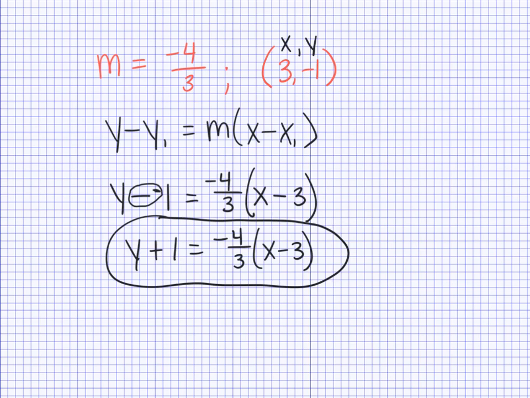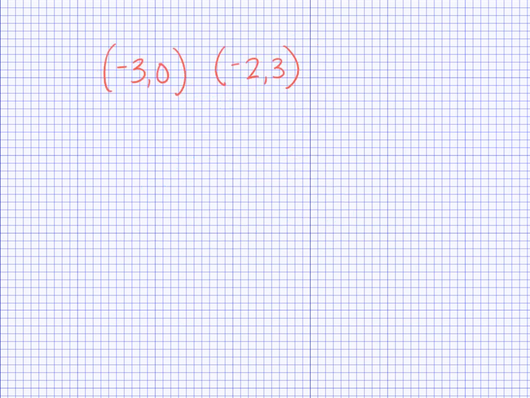Okay, so I actually want to look back at the previous example that we did. Now, with an example like this, you are only given 2 points. You're not given the slope.